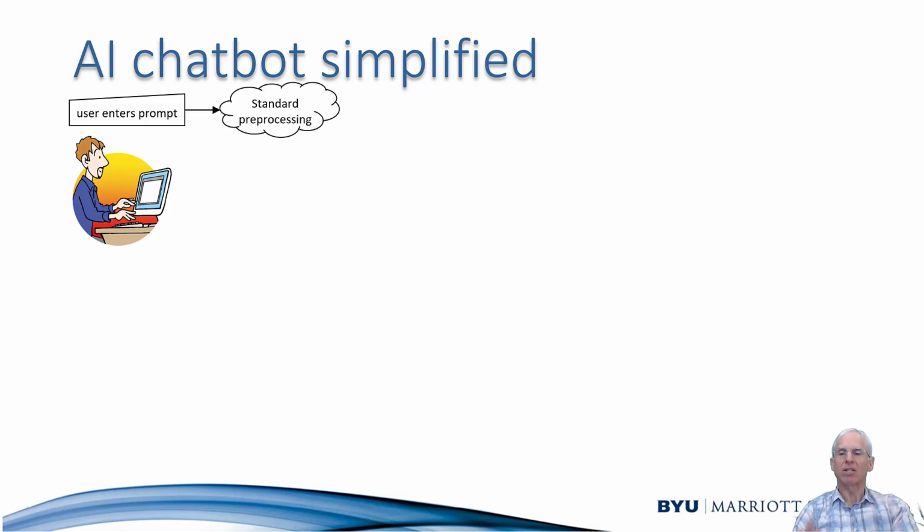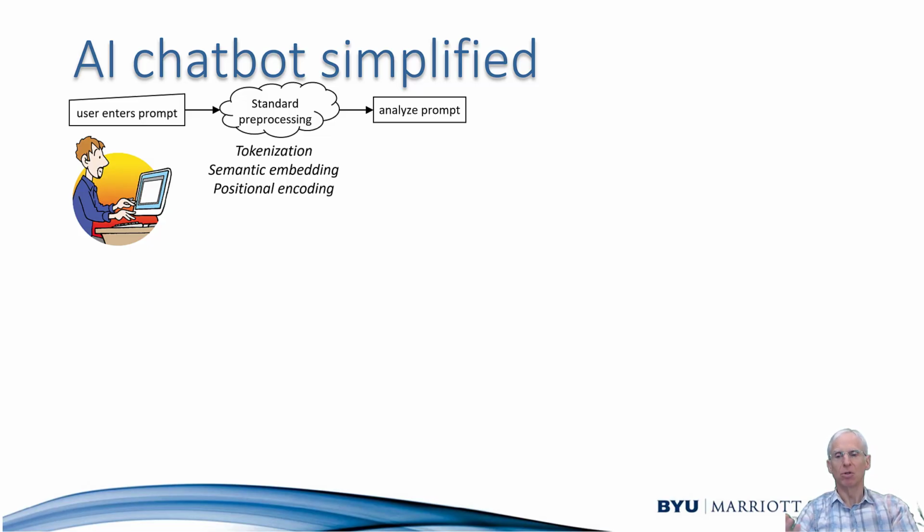Then it does some pre-processing. We talked about that in a prior chapter. We do things like tokenization, semantic embedding, positional encoding. You should understand those from the prior chapter. Then the tool analyzes the prompt. It says, okay, what kind of prompt is this? What are they asking for? Is it a toxic request?